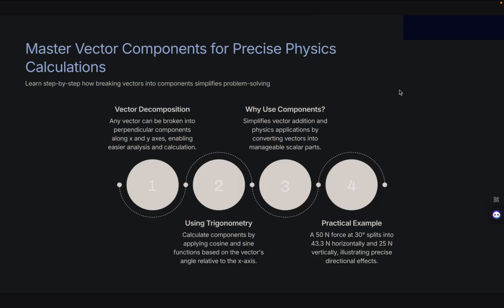But let's just say we have 30 degrees. That is where the split is of the parallelogram. We have 30 degrees at one top end, and then we have a 50-degree force.